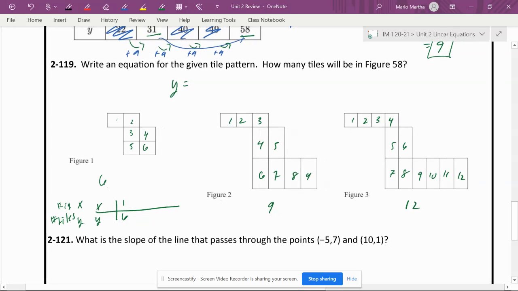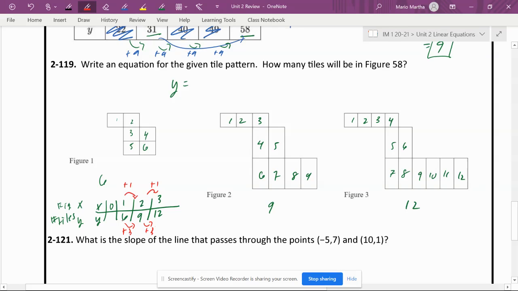We still want to figure out figure 0 because that's our initial value. So we start off with 1, 6, then 2, 9, and then 3, 12. On the x's we're changing by plus 1, and on the y's we're adding 3.